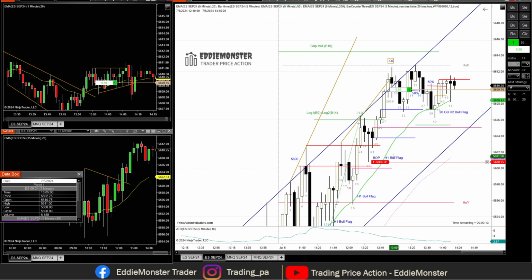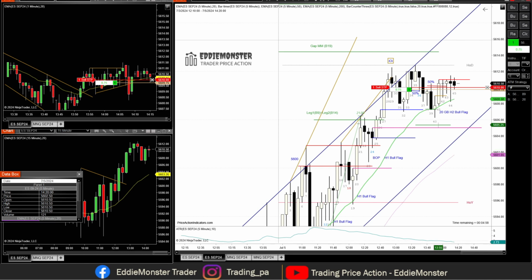Inside, outside, inside, not liking it. Break even. Eventually, we can buy above the IOI here. This IOI could mean bull trend resumption, right? Because we have an IOI here and then this sideways pullback.